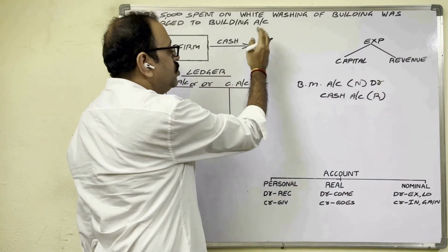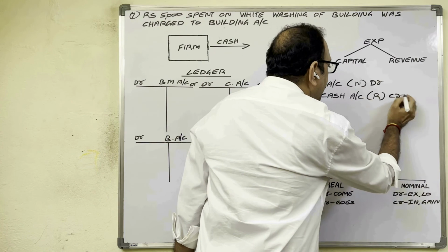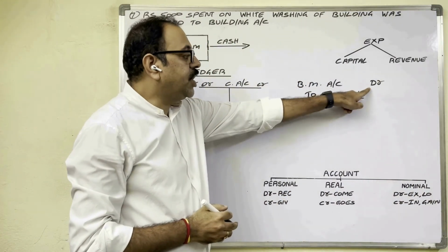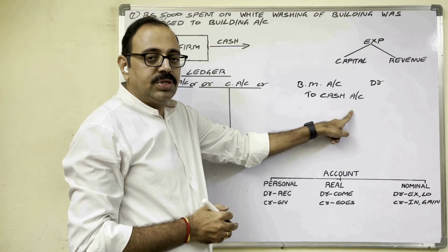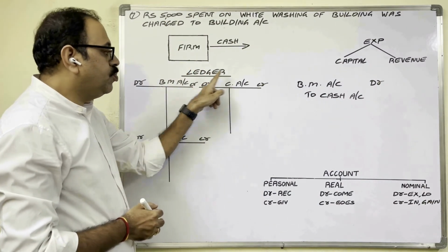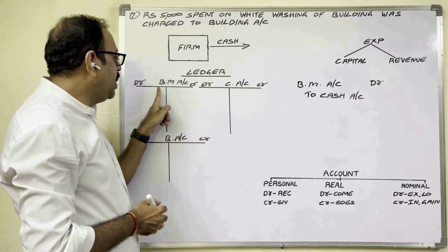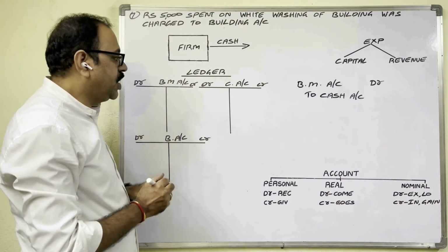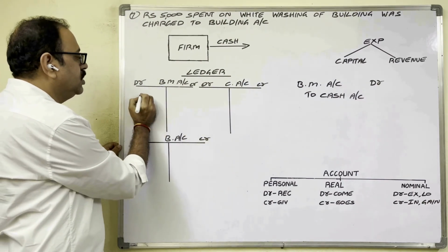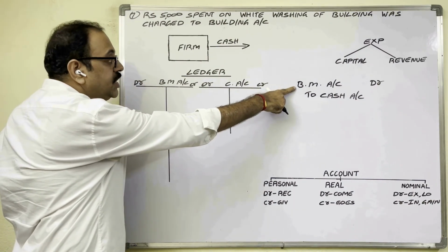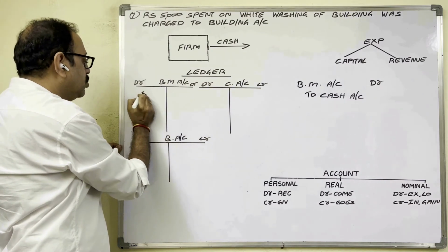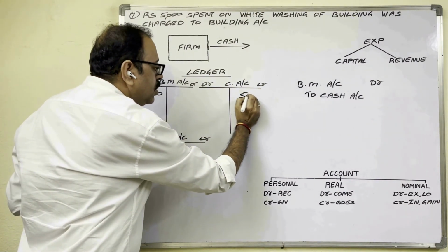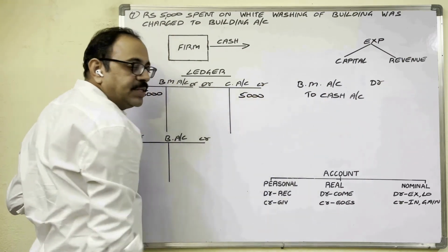From the firm cash is going, so we should credit cash account. Then the final entry is building maintenance account debtor to cash account. In the ledger, we post this entry in building maintenance account on the debit side, because in the journal entry we debited this account, amount 5,000 rupees. In cash account, we post on the credit side, because in the journal entry we credited cash.